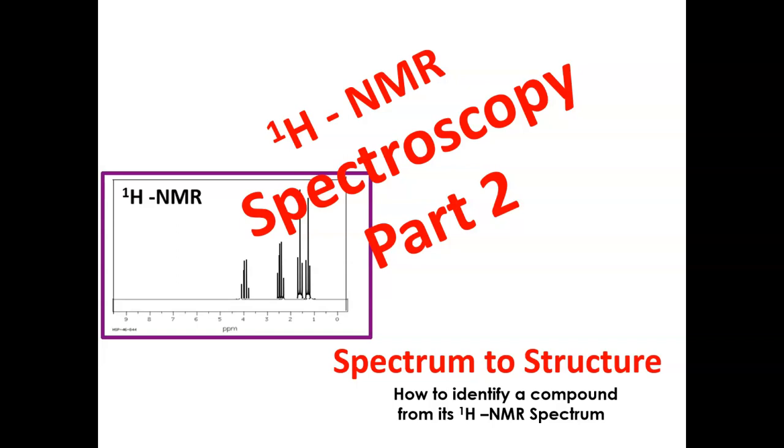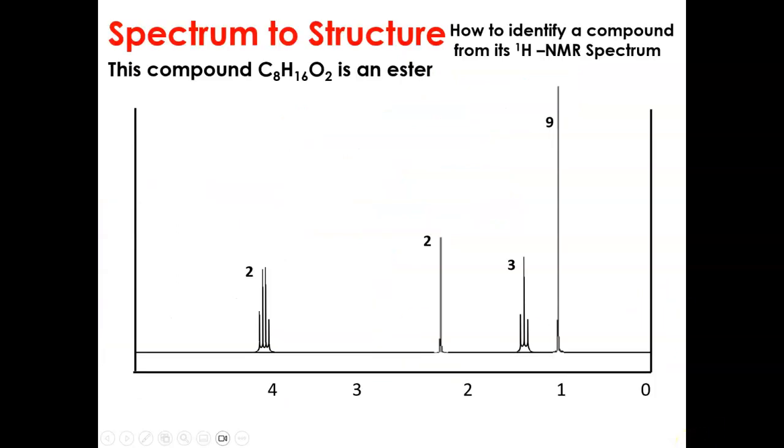So here we go. This is the compound we're going to be working on, and this is the sort of information we get. This compound, C8H16O2, is an ester. Obviously that's crucial for us to build the correct structure and to make everything fit. Also, as you can see, we have the typical Proton NMR spectrum.